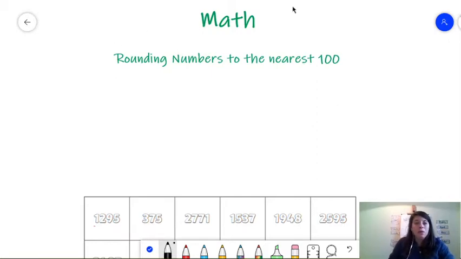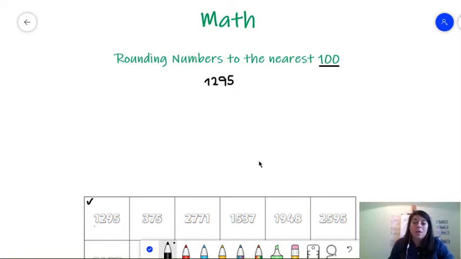And we're going to be working on rounding numbers to the nearest 100. Okay? Now I'm going to take this one and we're going to do the number 1,295. Now, do you remember that we watched a video where we learned how we round numbers to the nearest 100?